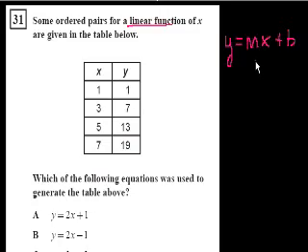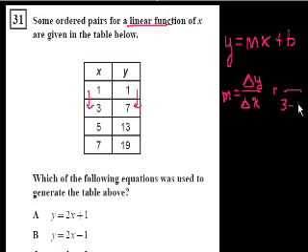So a good place to start is just with the slope. So slope is equal to change in y over change in x. So let's see, when x goes from 1 to 3, what does y go to? It goes from 1 to 7, right? So change in x is equal to 3 minus 1, or just 2. And what's change in y? 7 minus 1.